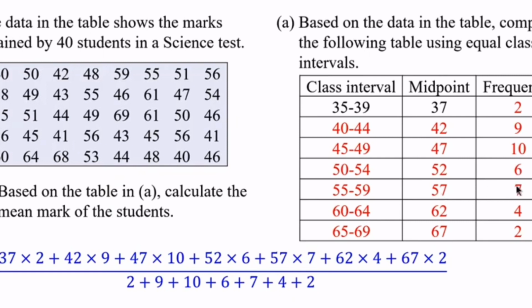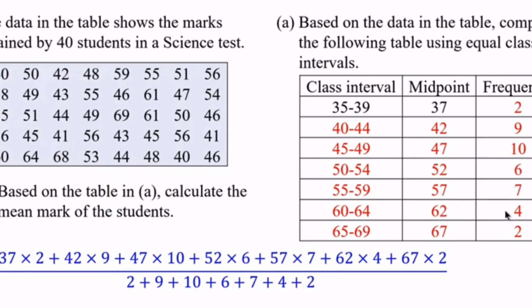And then we have to divide by the total frequency. You should know that the total frequency is actually equivalent to the 40 students in a science test. So when you add up, you must double check the total frequency is actually 40.